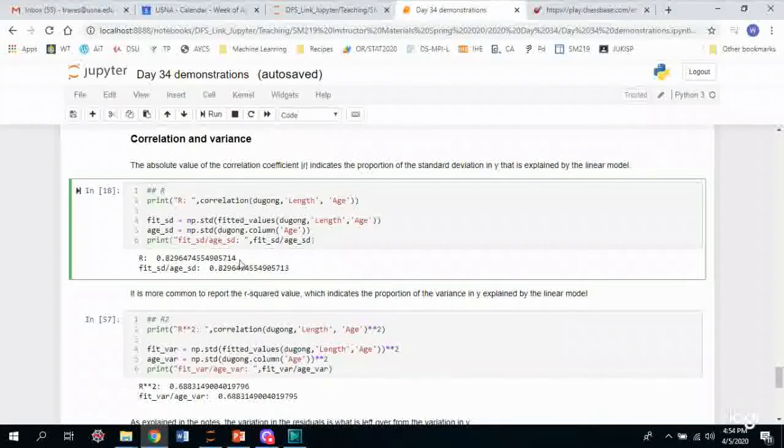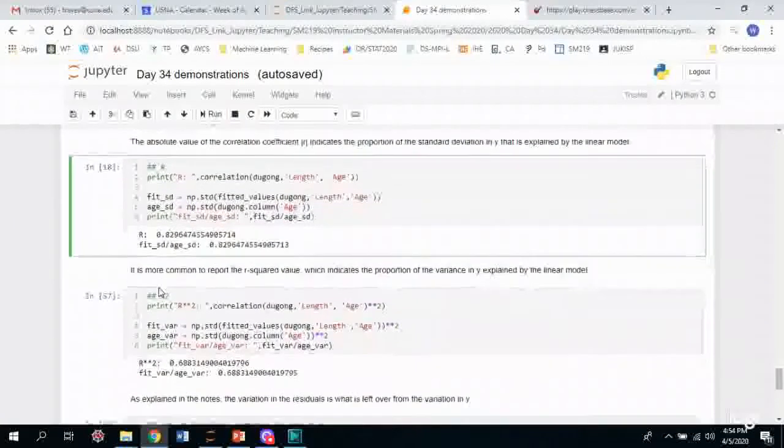And what we see is that the absolute value of r here matches up exactly with this quotient of the proportion of the standard deviation in the age that's explained by the fitted standard deviation, by the predictions that we make.